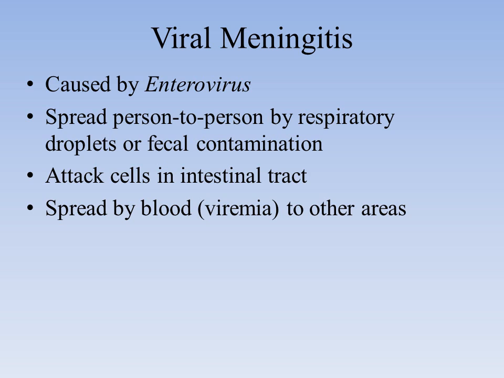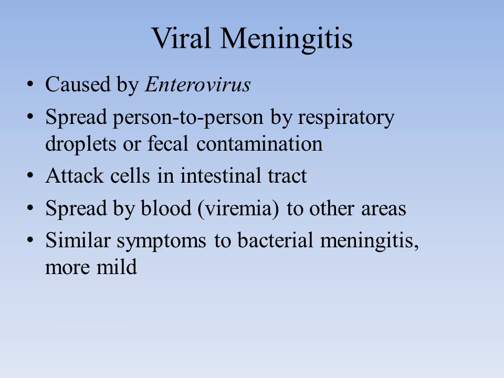At this point, if you have a virus in the blood, you have what's known as viremia, and it can be spread to all other areas, including, of course, if you have a break in the meninges of the brain or some sort of a break in the blood-brain barrier, this virus can then be spread from the blood to the meninges, where it can cause an infection of viral meningitis. The symptoms of viral meningitis are similar to bacterial meningitis, but they're just a lot more mild.